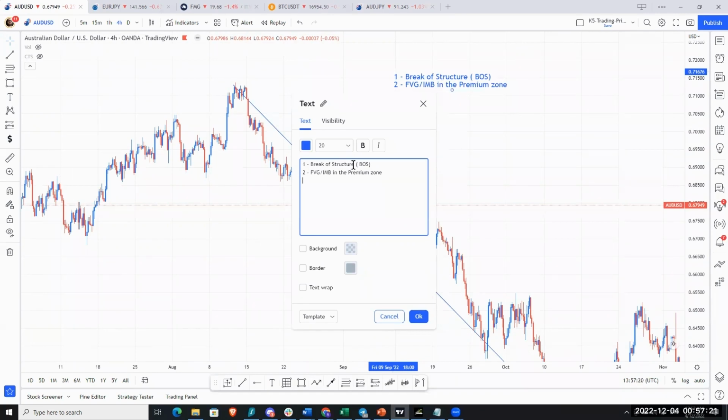The third rule is an engulfing pattern near the swing point, where the second candle is coming down with momentum.